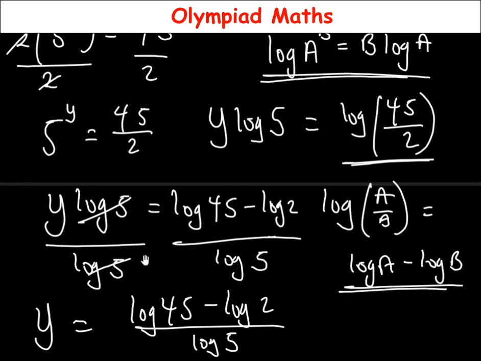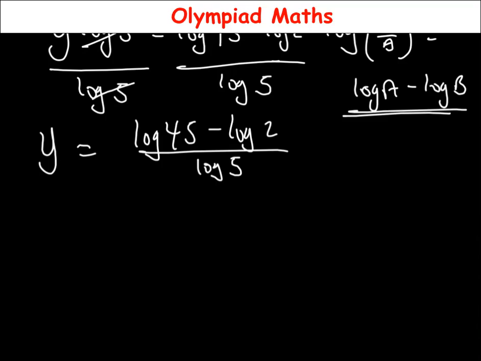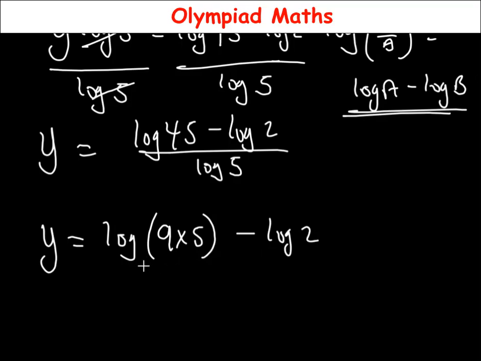Okay, and this can still be simplified further, such that the value of y is equal to log 45 can be written as 9 times 5, so in bracket 9 times 5, then minus log 2 all over log 5.